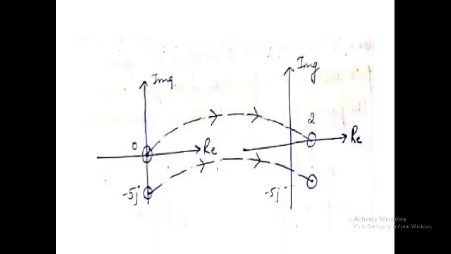During the process of mapping, the independent variable S is varied along a specified path in the S plane, and the corresponding points in the P(S) plane are joined. This completes the mapping from the S plane to the P(S) plane. For Nyquist stability, the map locus is called the Nyquist plot.